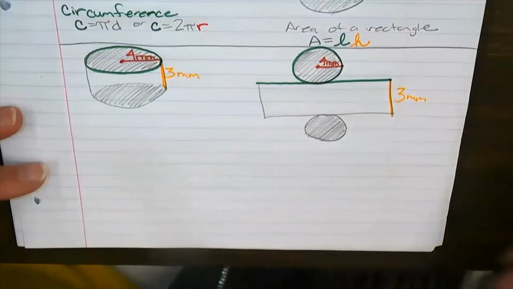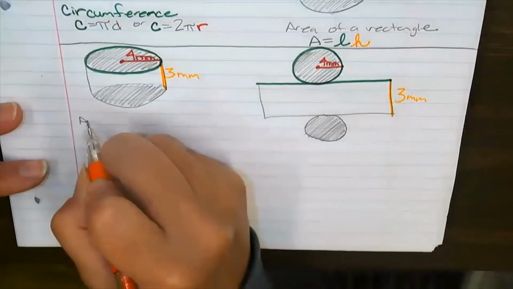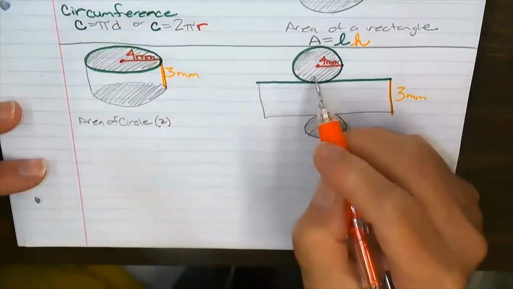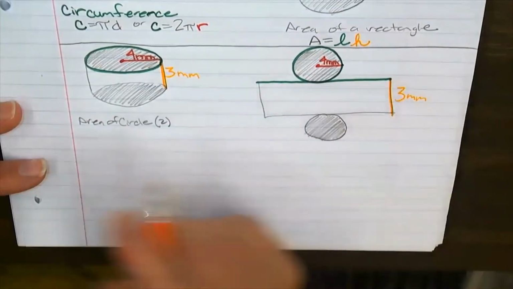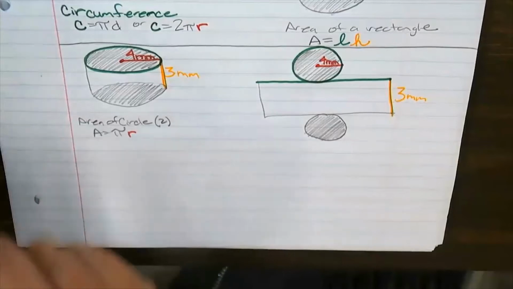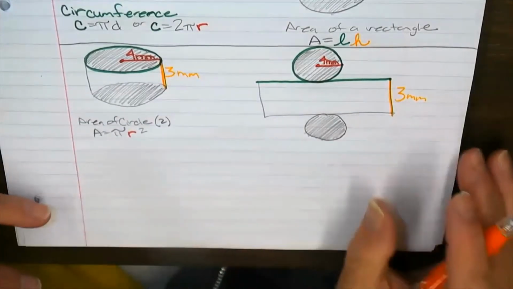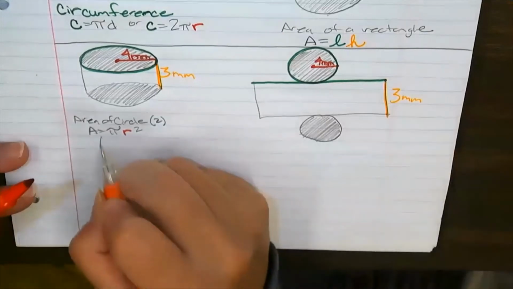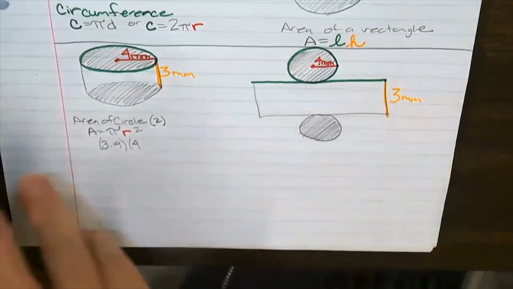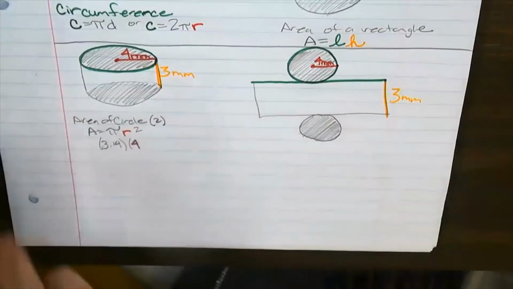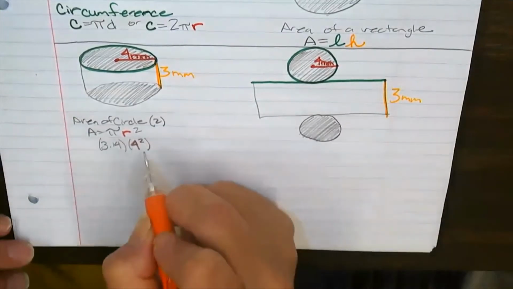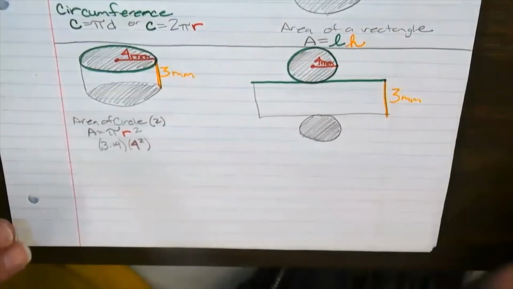So the first thing I'm going to do, I want to find the area of my circle. And we have 2 of them, 1, 2. And we know that the area of a circle is pi r squared. So now it's just substitution. 3.14, my radius is 4, and according to the order of operations, we do exponents before we multiply. So I like to put my exponent in here just to remind me to do it first.